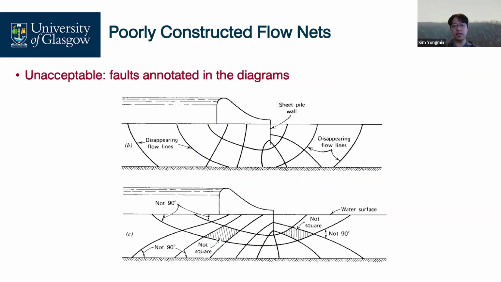These flow nets are not acceptable because the flow line suddenly disappears, and the angles between the flow lines and equipotential lines are not right angles, and some of the elements are not square. In this case, this flow net has some errors. That's why we need to follow Thom's rule.